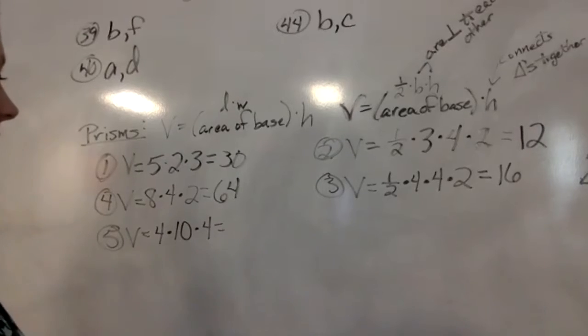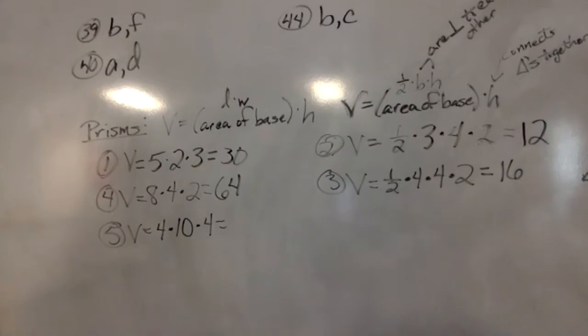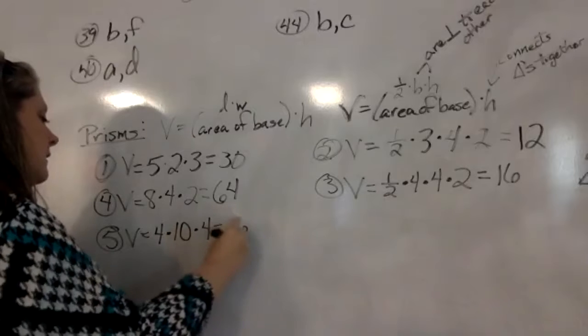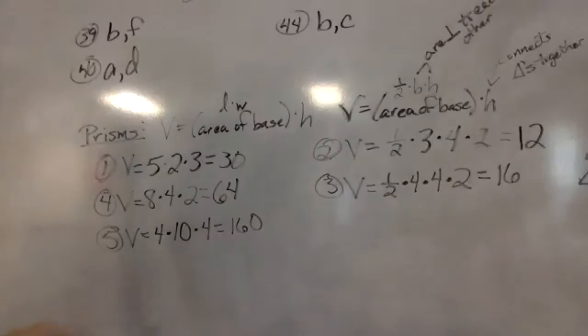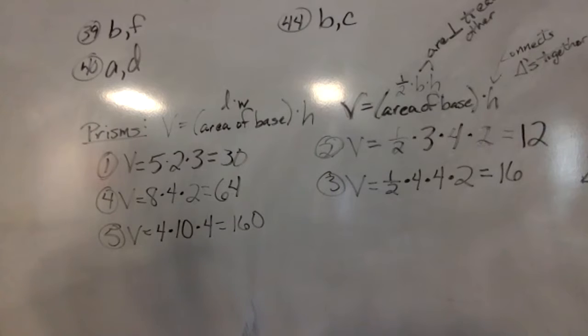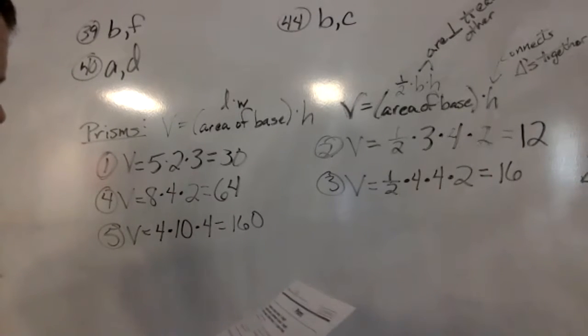So when you multiply those together, 4 times 10 times 4, it's 160. Because 4 times 4 is 16 times 10, 160. Okay, so that's volume. Kind of getting the idea about volume a little bit.